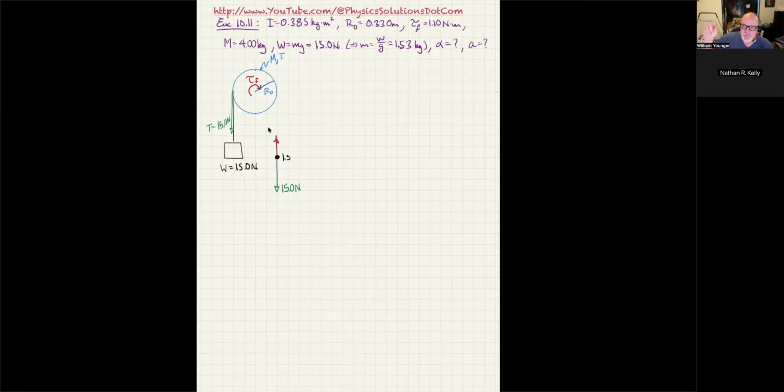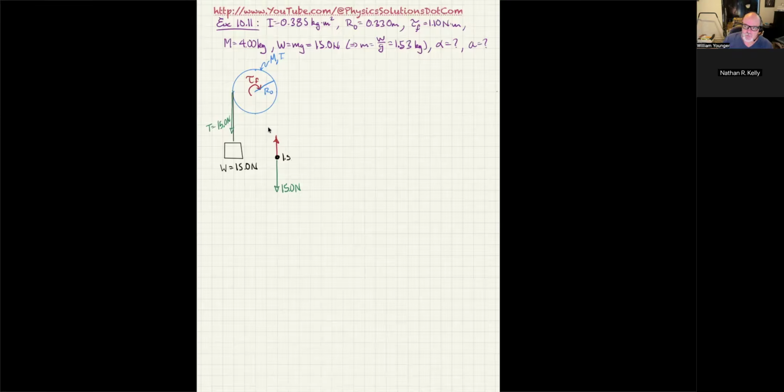If the rope moves down 1 inch in 1 second, then a point on the circumference of the pulley moves an arc distance of 1 inch, and divided by 1 second that gives you the tangential velocity.